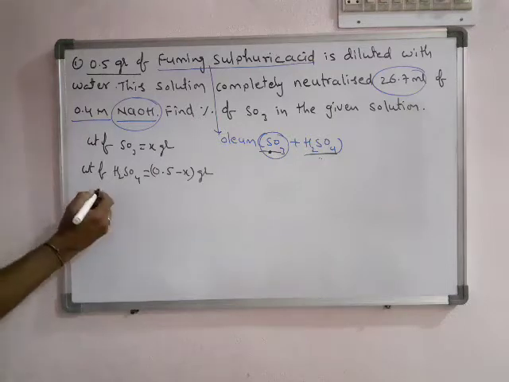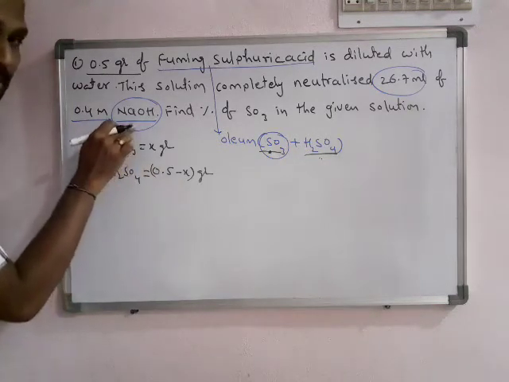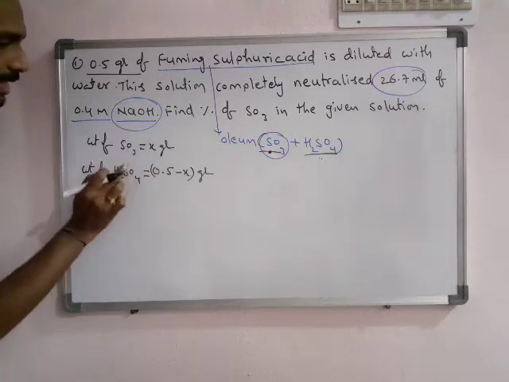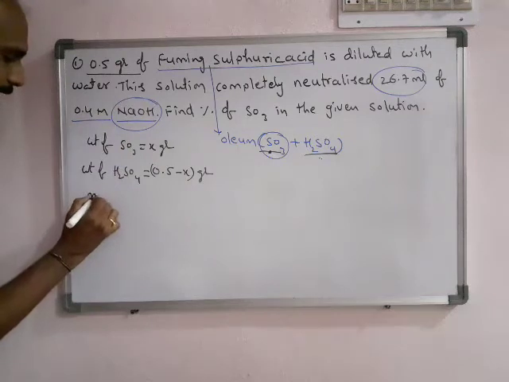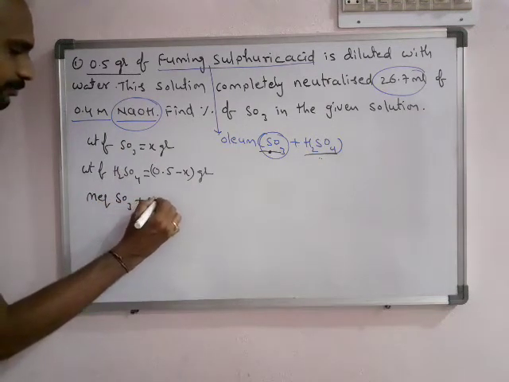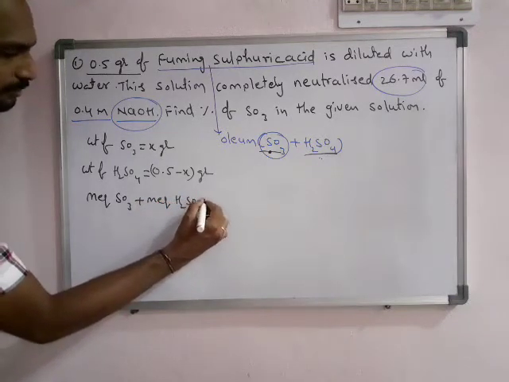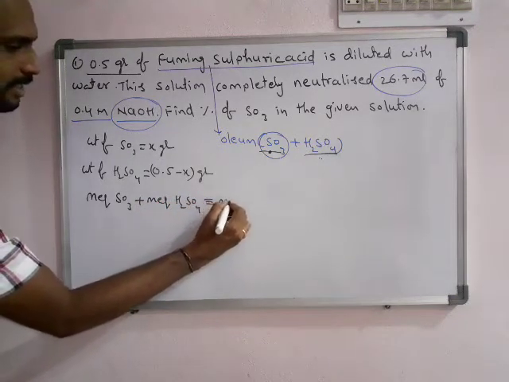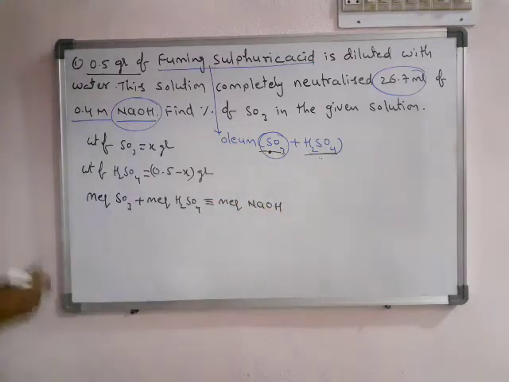Both are acidic characters, so they react with the base. So now we can write the milli equivalent of SO3 plus milli equivalent of H2SO4 are exactly equal to the milli equivalent of NaOH.